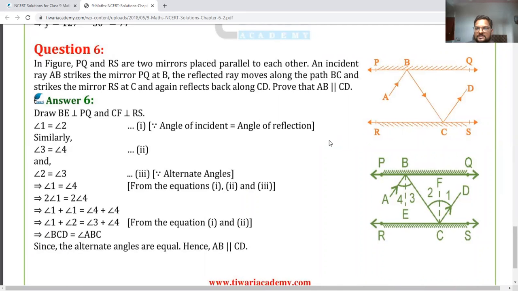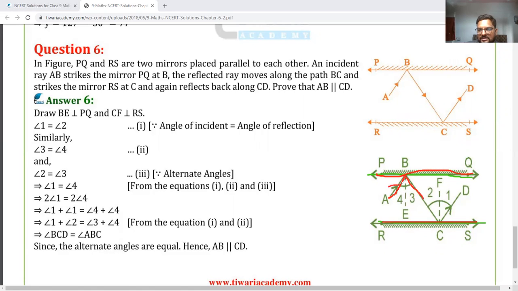Here, there are two mirrors standing opposite to each other, that is PQ and RS. These are the two mirrors. And what has been done: a ray of light AB is incident on the surface of the PQ mirror, which hits and flows back in the opposite direction.